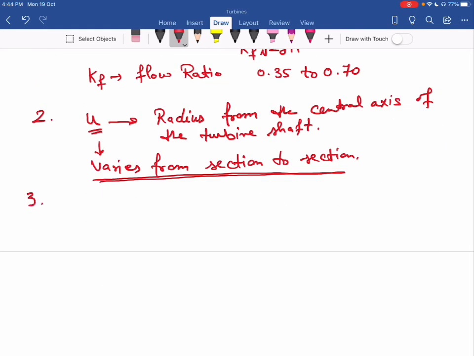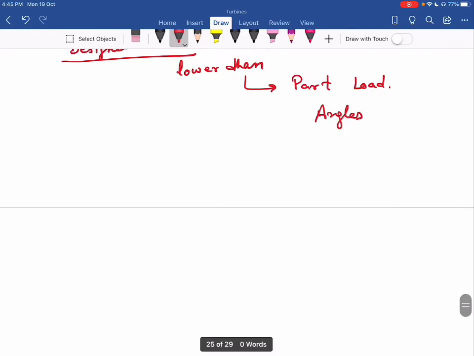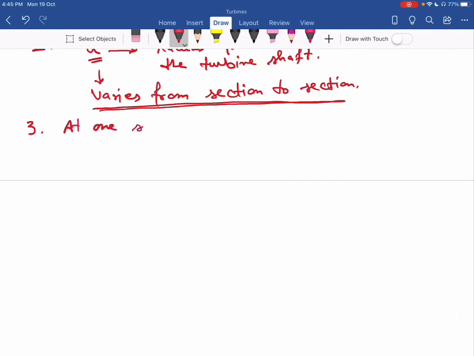Another point is, at one section, you can see this diagram, the one section is at constant radial distance. Entry and exit are at the same radial distance. So at one section, the tangential velocity u is the same as ui and uo.